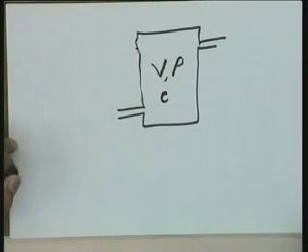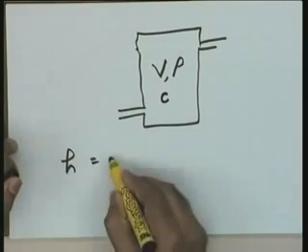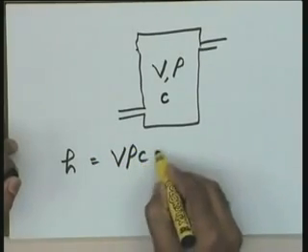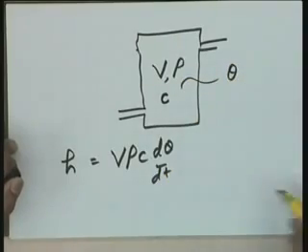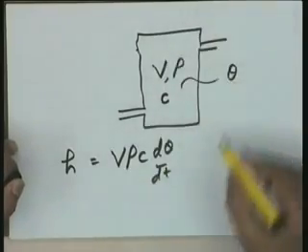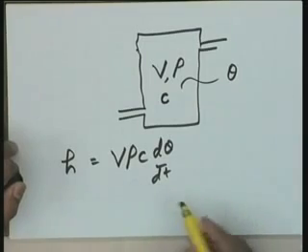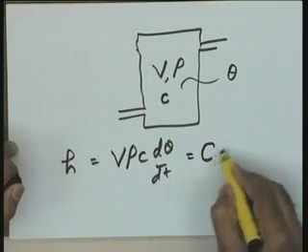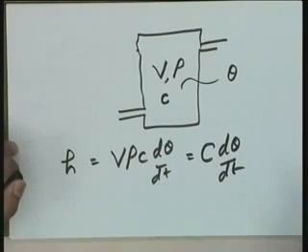Rho Vc becomes, obviously in this particular case, please see your equation, H is equal to V rho C d theta by dt, where theta is the temperature of the liquid in the tank, which again I am considering to be a single temperature, that is, lumped parameter approximation. So, in this particular case, this can be modeled as C d theta by dt, where C is the thermal capacitance of the liquid in the tank.